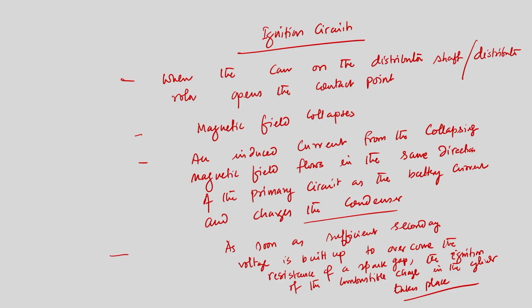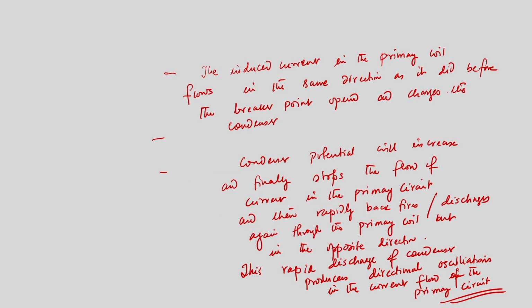So the condenser is getting continuously charged, a sufficient voltage is built up, the condenser potential will increase and finally stop the flow of current.